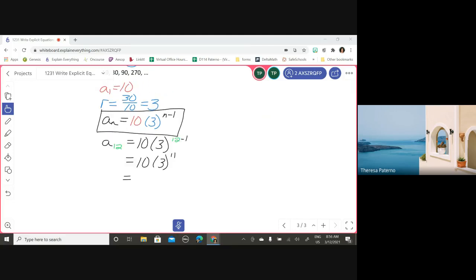Exponents happen next, so I'm going to do 3 to the power of 11, which gives me 177,147. Then I'm going to multiply that by 10, which is 1,771,470. Like I said, it's not unusual to have very big numbers when you're finding a particular term of a geometric sequence. All right, that's it for that video.